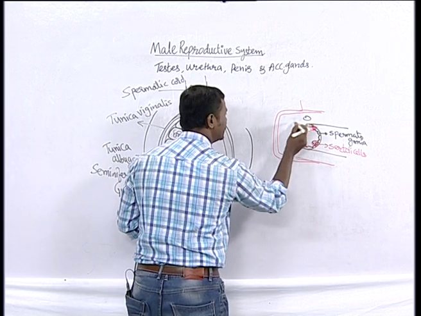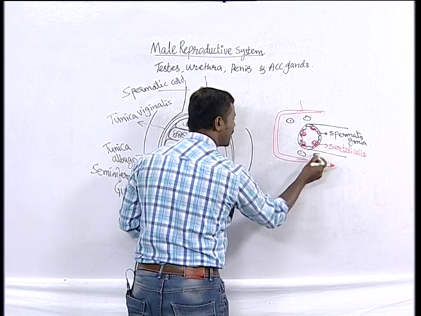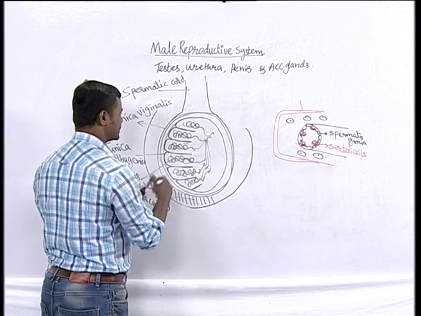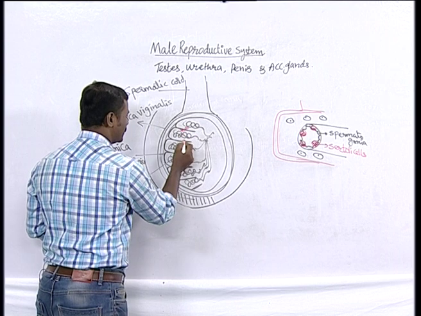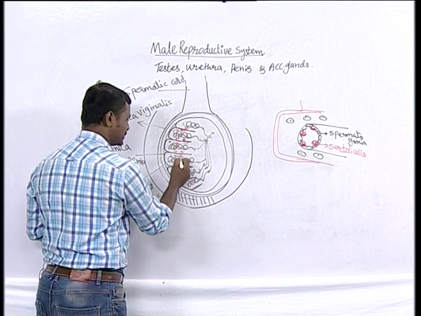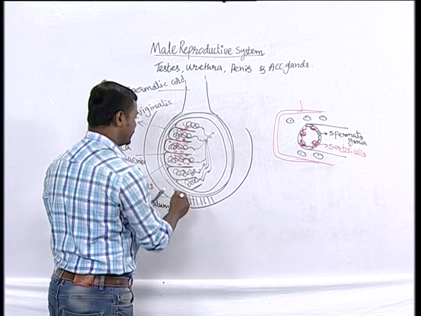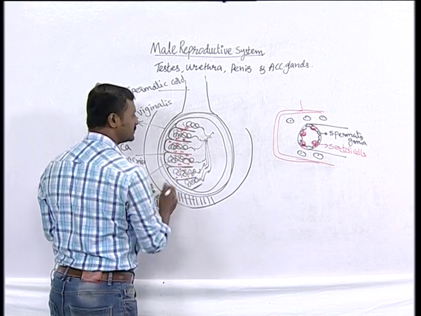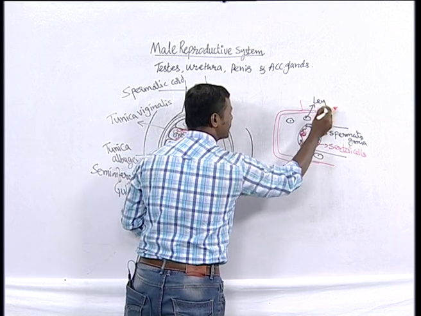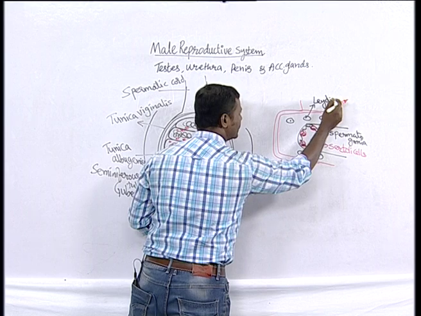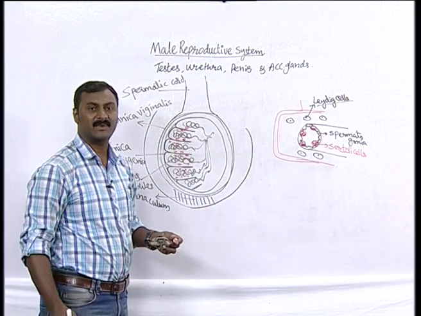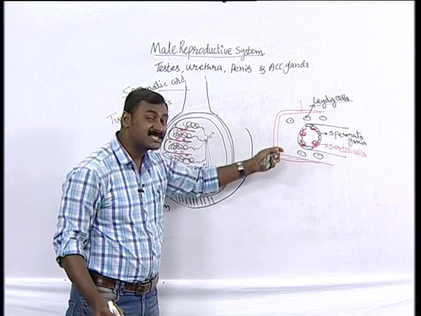Again, in between the tubular gaps, in the interstitial spaces, on either side of the tubes, you see this diagram clearly. Here and there in the interstitial space, there is a special type of cell called Leydig cells. Leydig cells are also called interstitial cells.